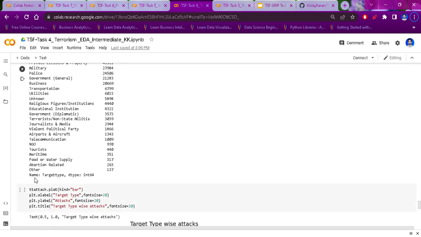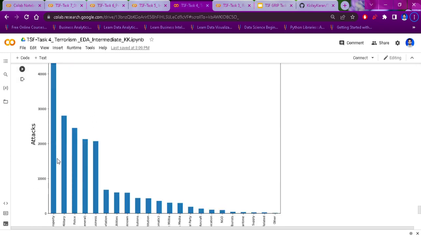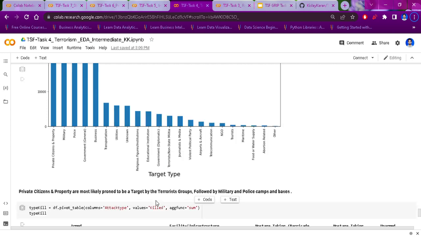And least they have operated against food or water supply, chemical or bioweapon targets, or abortion related targets. Again we see the bar graph over here for the same target type and the attacks, the target type which was attacked and targeted.